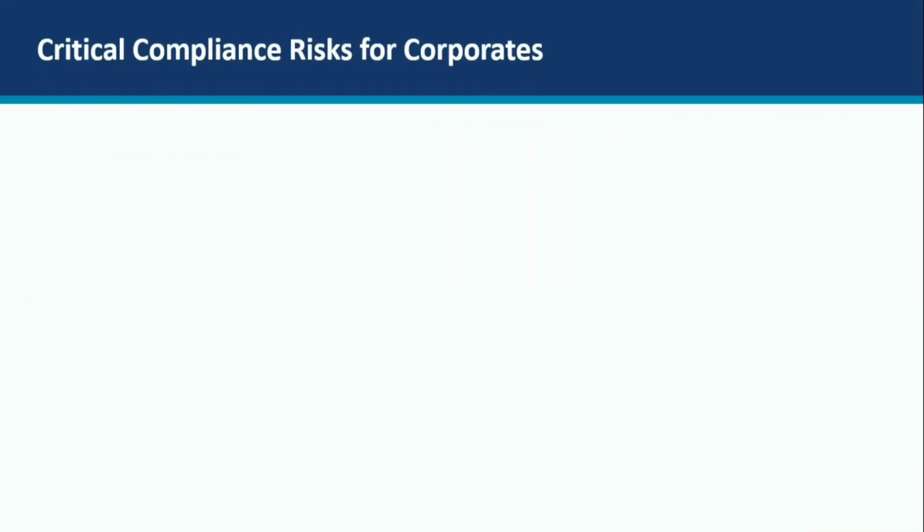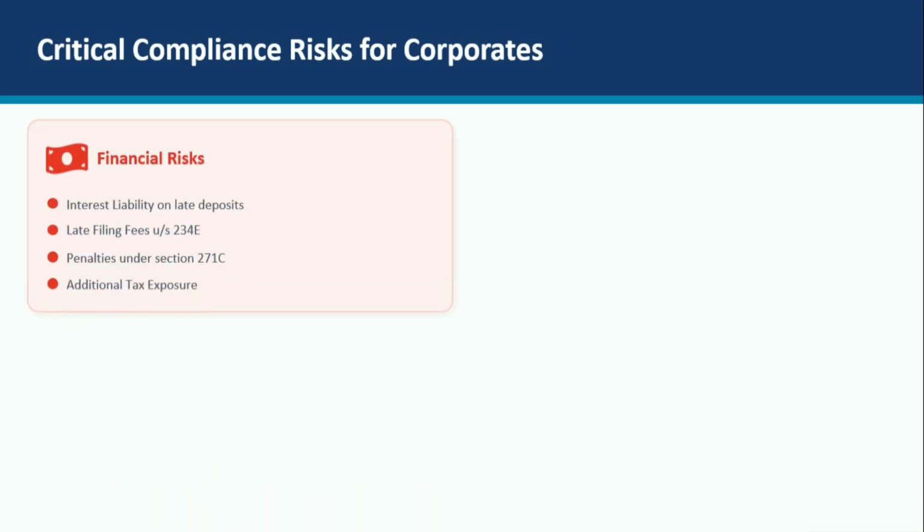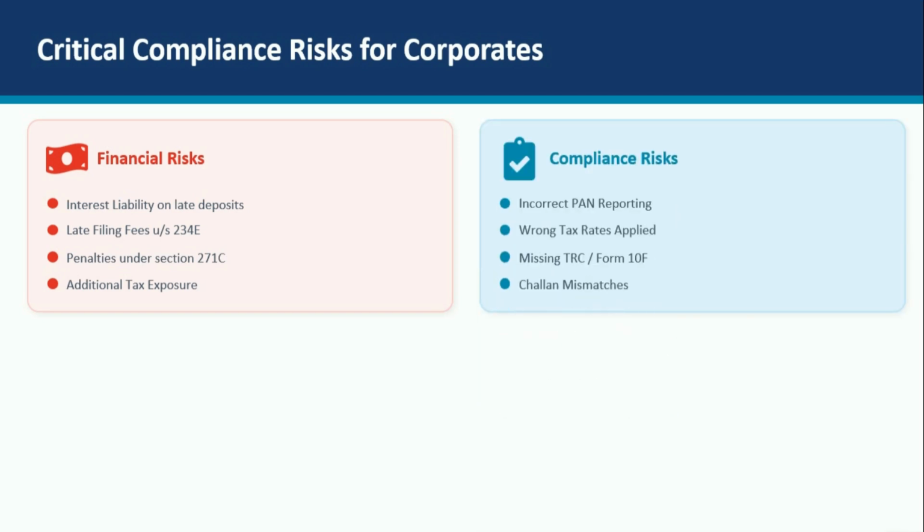Every organization faces compliance risks that can affect its finances, legal standing, and day-to-day operations. Financial risks include interest on late deposits, late filing fees under Section 234E, penalties under Section 271C, and additional tax exposure. Compliance risks arise from incorrect PAN reporting, wrong tax rates, missing TRC or Form 10F, and challan mismatches, leading to inaccurate statutory filings.